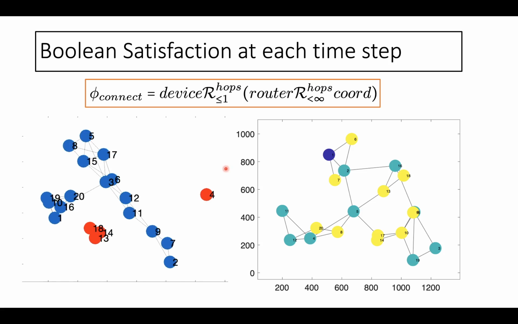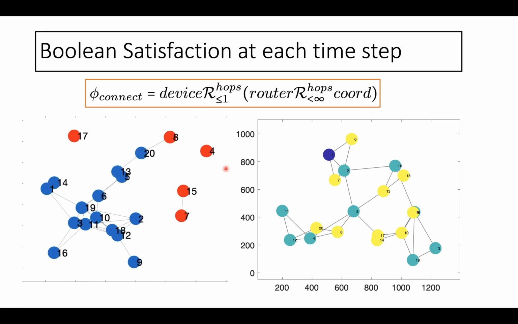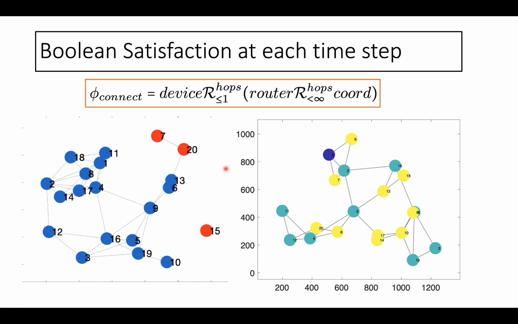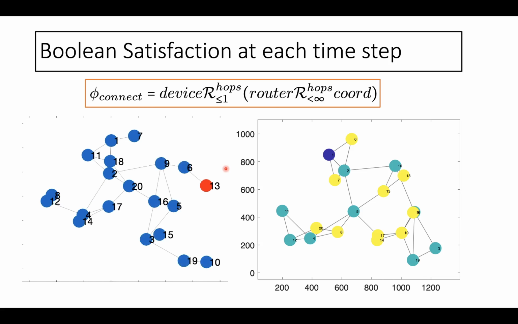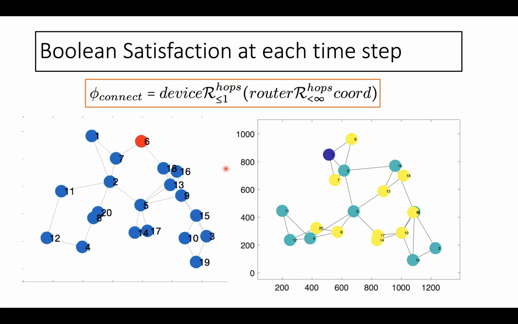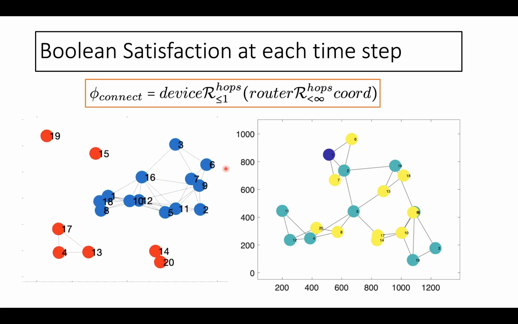Since we have a property with just spatial operator, no temporal operator, the length of the Boolean signal, so the final time, is the same as the final time of the trajectory.